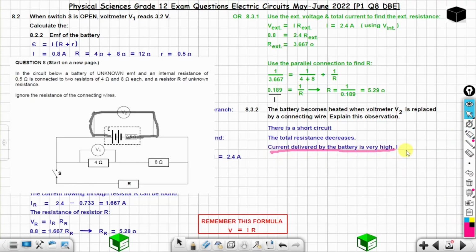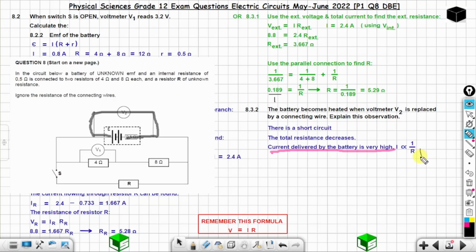So you have to show this mathematically. The current is inversely proportional to the resistance. This is how you can write it: 1 over R. Whenever the resistance is decreasing, the current is increasing.